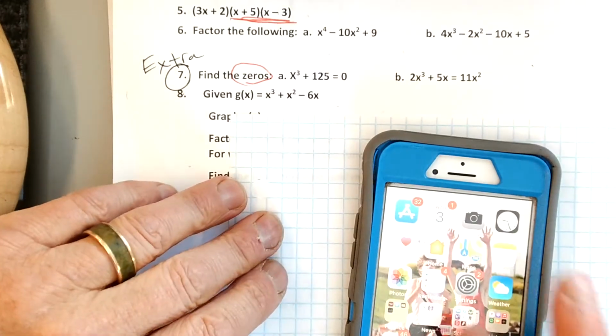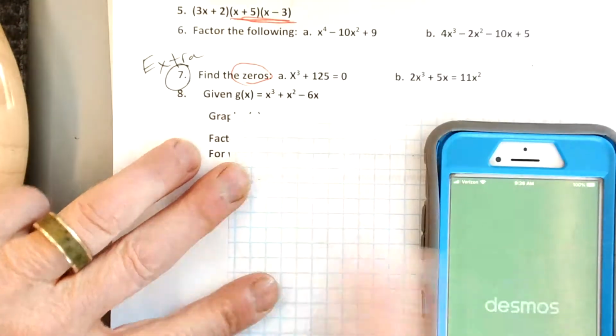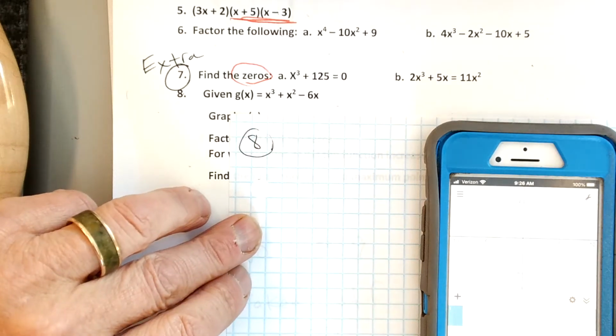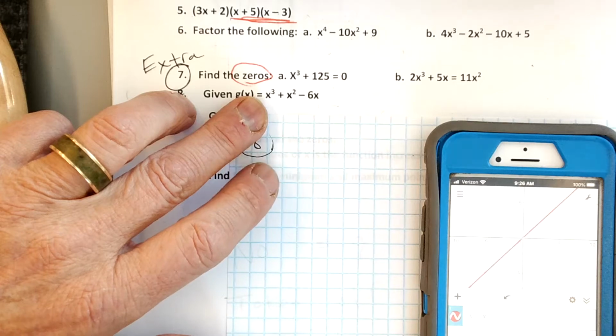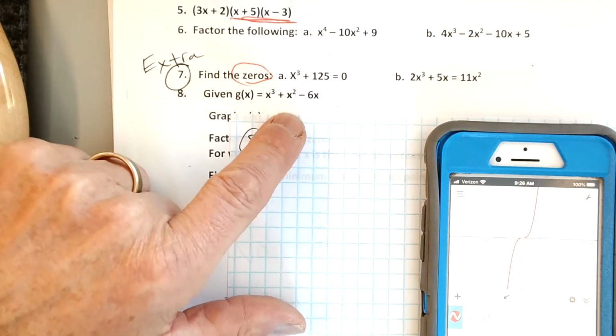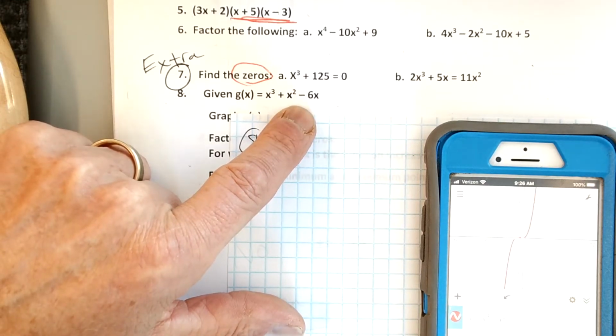Let's go to Desmos. Desmos for 8. I'm putting on my graph paper here. And I'm going to go y equals x to the third power, plus x squared, minus 6x.